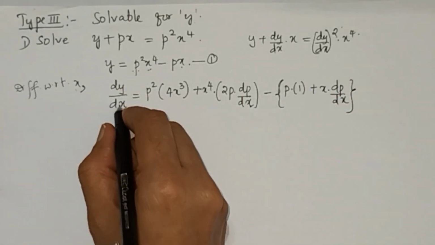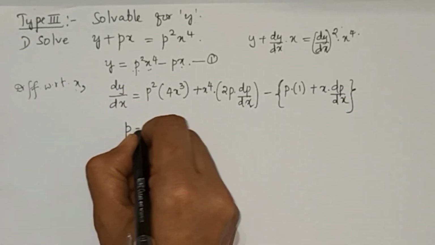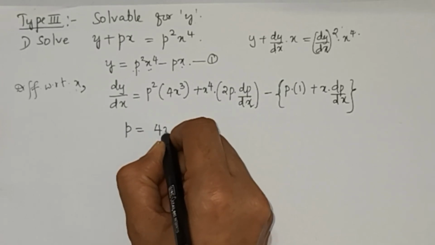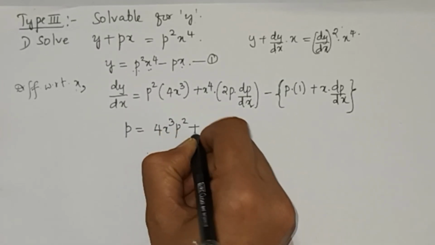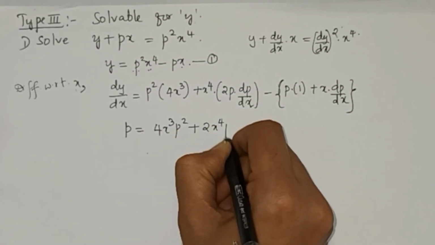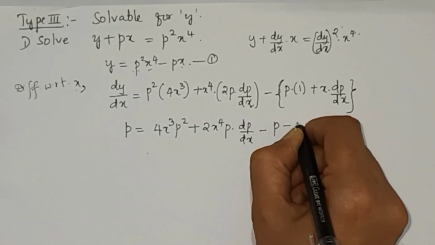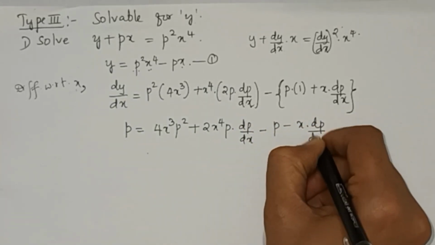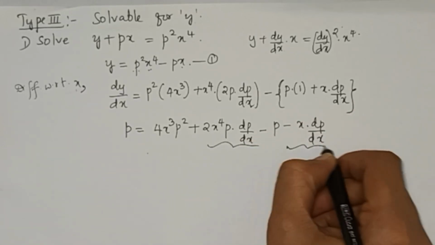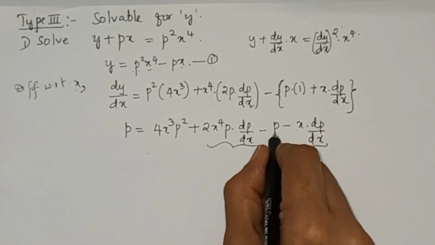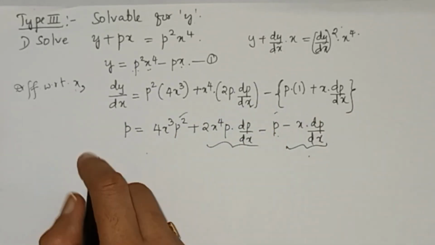Let us simplify this. Dy by dx is nothing but p, equal to 4x cube p square plus 2x to the power 4 into p into dp by dx minus p minus x into dp by dx. Now from these terms you have to take common factors, and take these two terms to the left hand side.